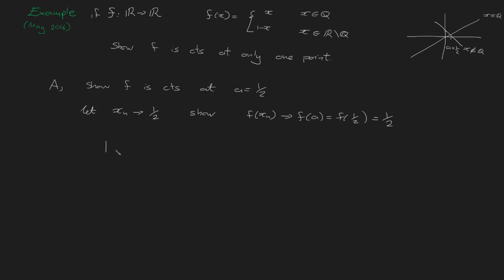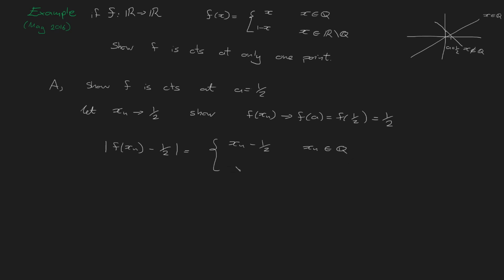To do this, I take the absolute value of f of xn minus what I hope to be the limit, 1/2, and then I can evaluate this. It's going to split into two cases because the function splits into two cases. Either xn is rational, so we just get xn minus 1/2. That happens if xn is a rational number.